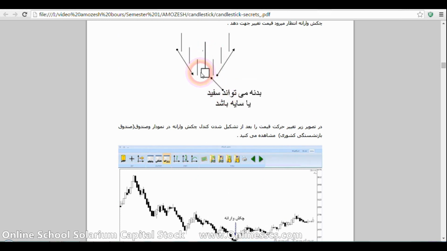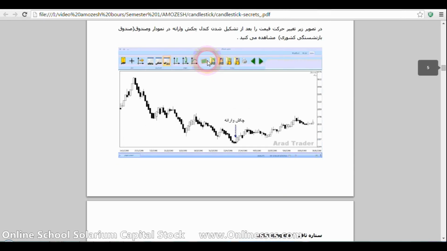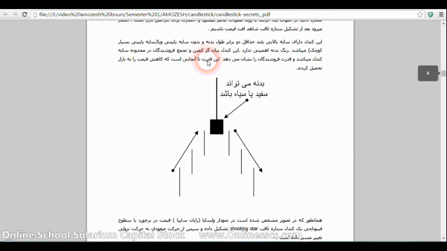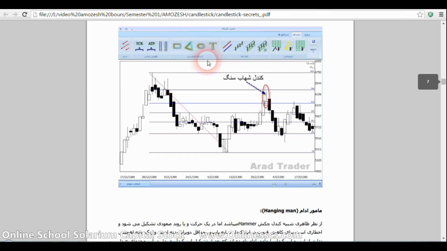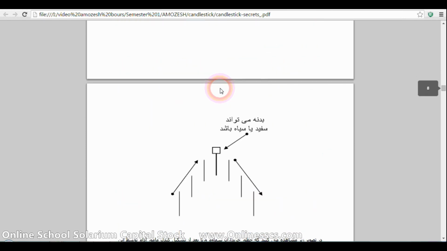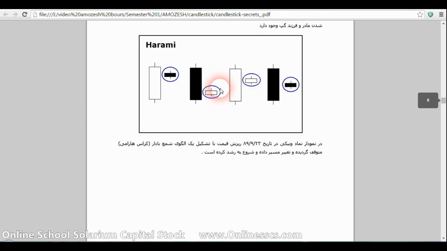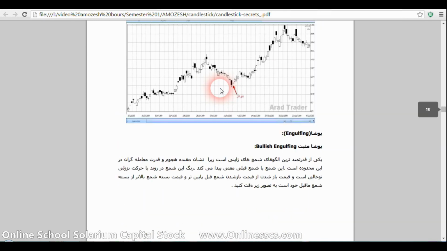And it has gone down if it's not performed well. But if it's in the top of the chart, it's a shooting star. Okay.